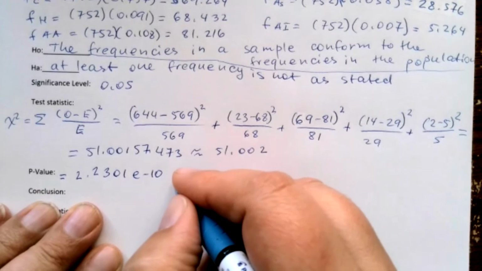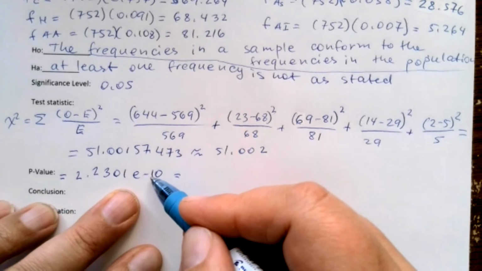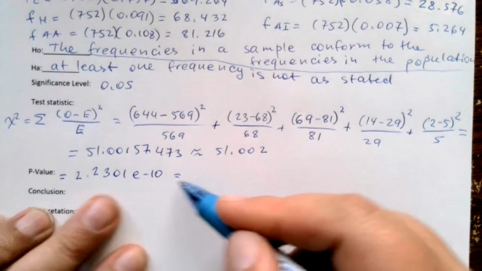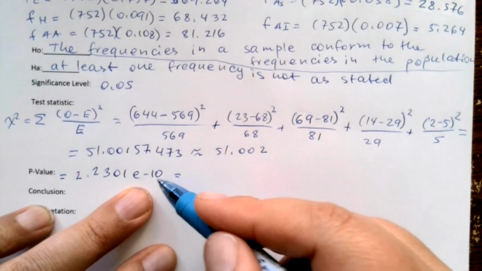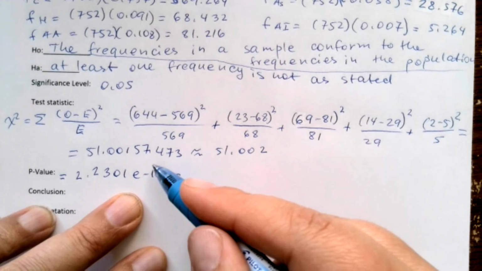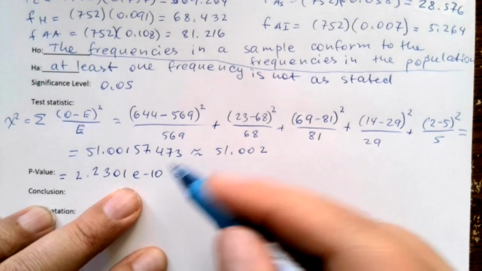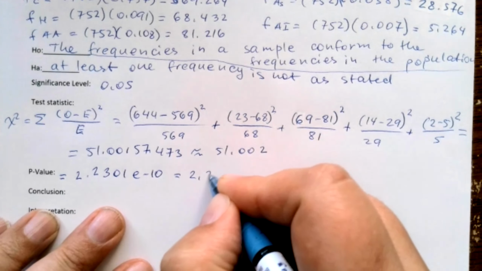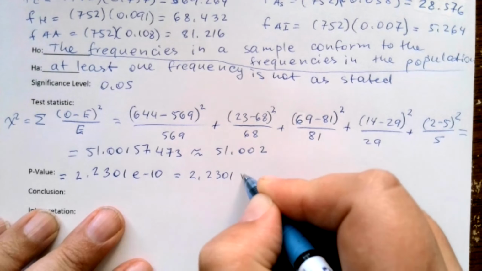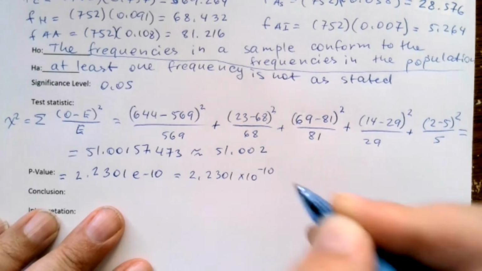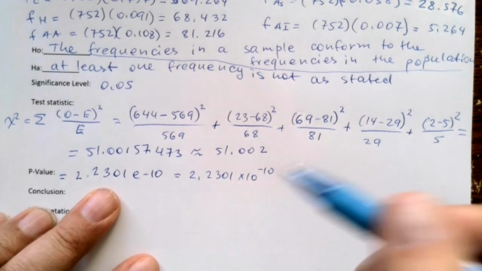Let's break down what that means. That means move the decimal point 10 places to the left. It's times 10 to the negative 10. That's how you read that.